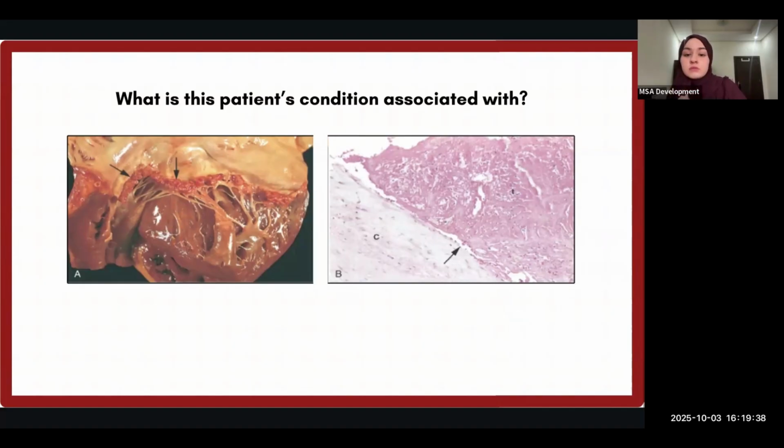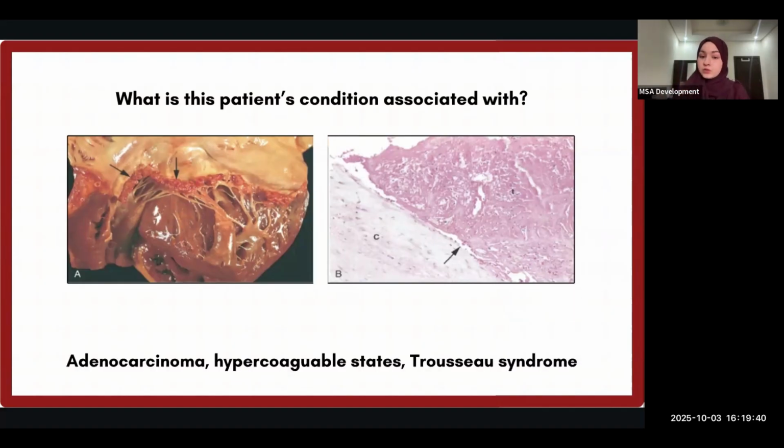And what is it associated with? Adenocarcinoma, hypercoagulable states, Trousseau syndrome. These are all conditions that can cause hypercoagulable states, and if it's a hypercoagulable state, then you're more likely to form thrombi, hence non-bacterial thrombotic endocarditis.